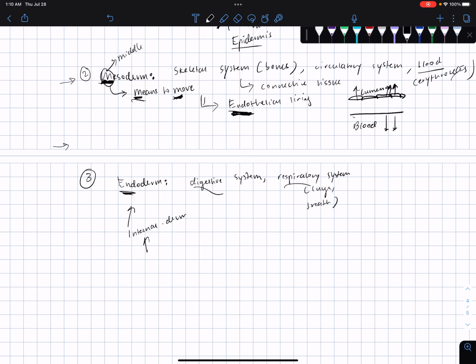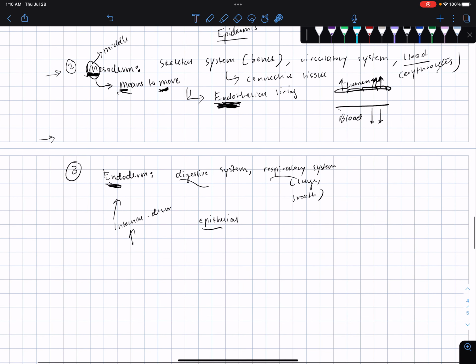So this is going to give us epithelial lining. And remember, you would have expected it to be endothelial because they sound the same, they have the same prefix endo. But we actually have the epithelial lining over here, which means it's going to be the lining over here, right?